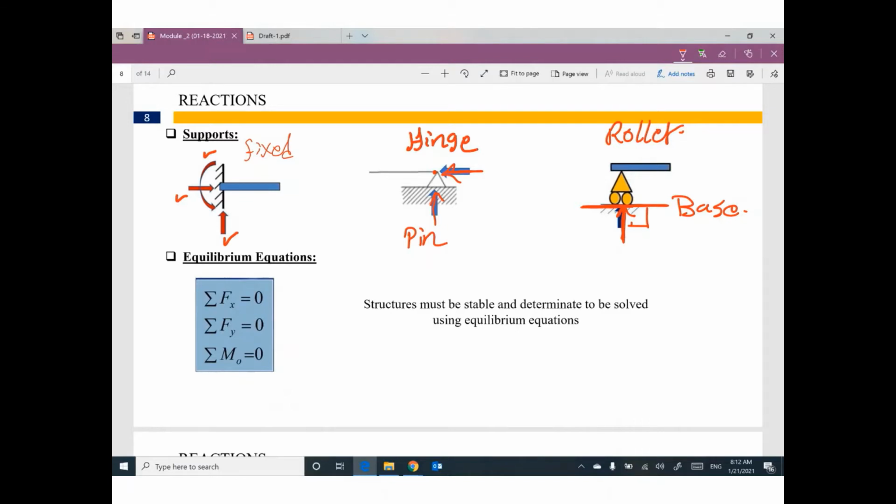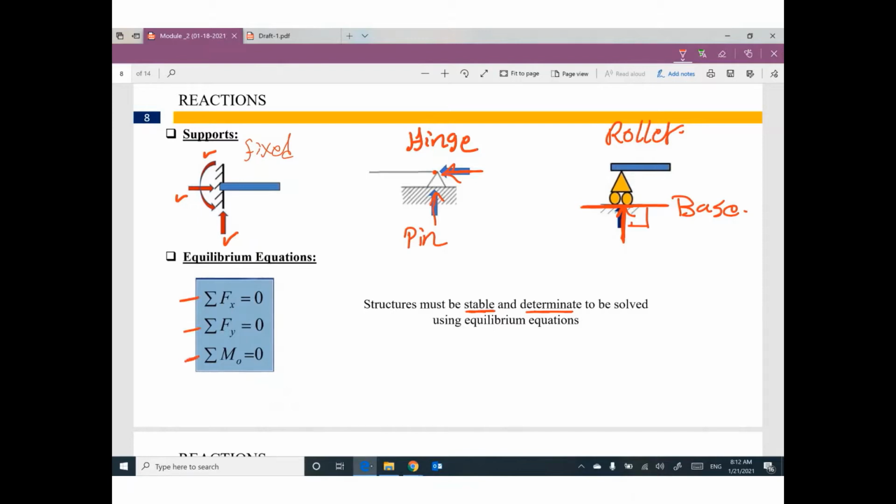Just to remind you, for any structure which is stable and determined, last meeting we learned the meaning of stable and determined. Any structure which is stable and determined can be solved using three equilibrium equations.